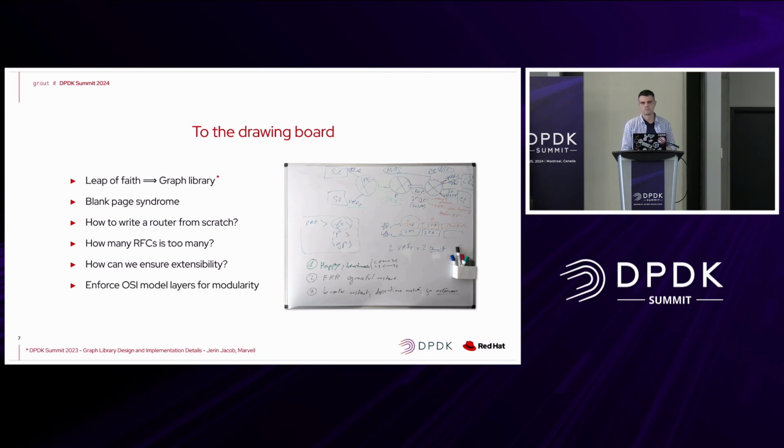So one key choice we made is that we wanted to have a strict enforcement of network layers and not try to do Ethernet on IP or do TCP on Ethernet or whatever. So that was a very strong decision we made from the start.